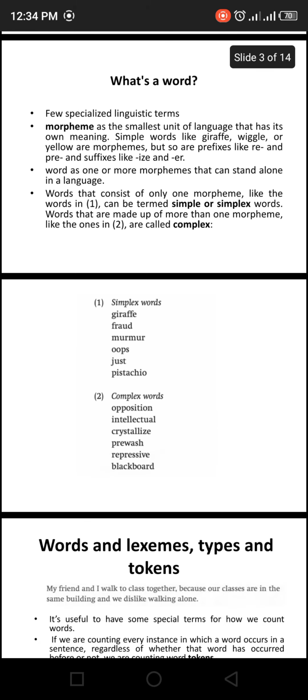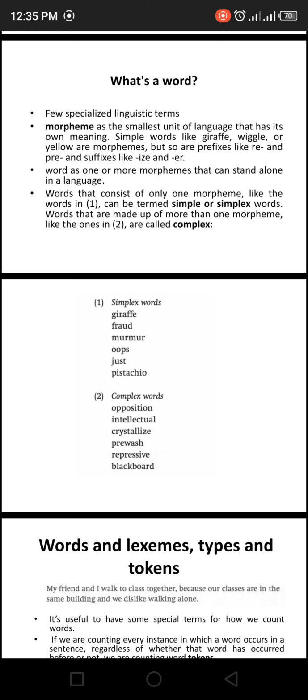Then comes the next question: what's a word? Before defining the word, we have to define a few linguistic terms, and the first term is morpheme. Morpheme is the smallest unit of language that has its own meaning. So here morpheme is defined as the smallest unit that has its own meaning.